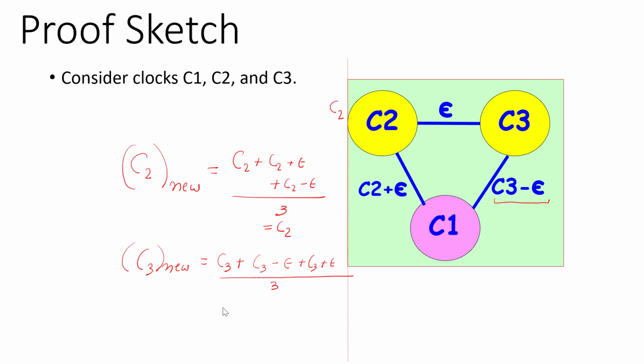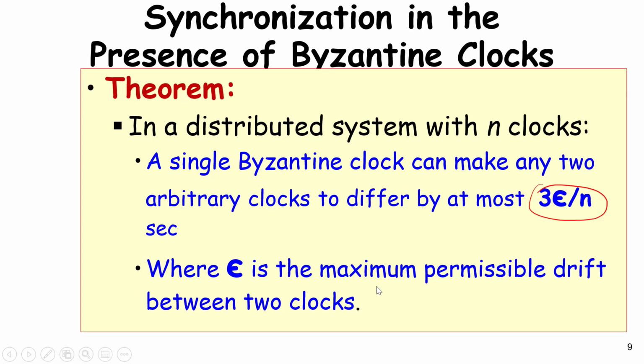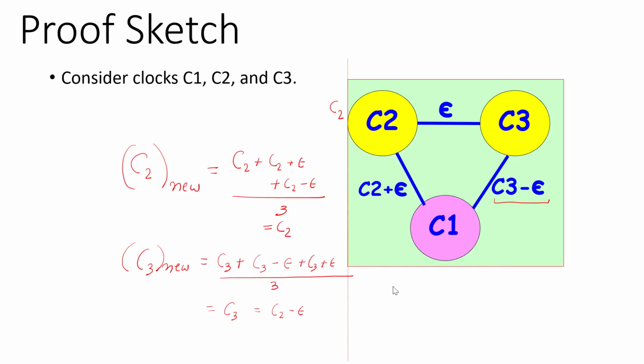Then you divide it by 3, so this becomes equal to C3, and C3 is nothing but C2 minus epsilon. So in this case, the difference between C2 new and C3 new is actually epsilon. And if we go back to the previous slide, the difference would have been 3 epsilon by n, which is nothing but 3 epsilon by 3 in this case, which is epsilon.